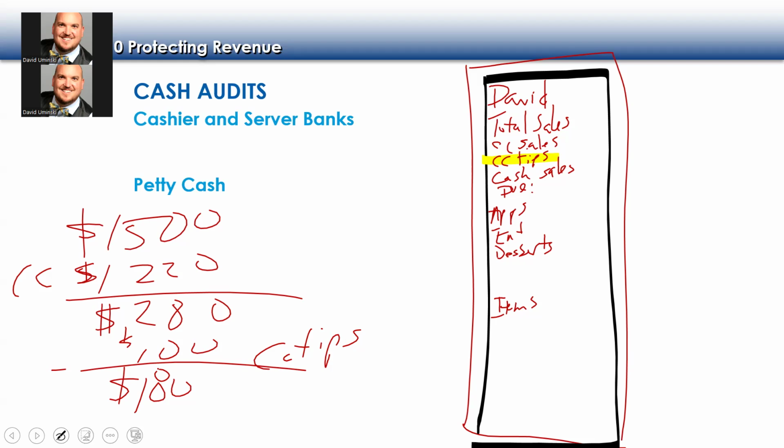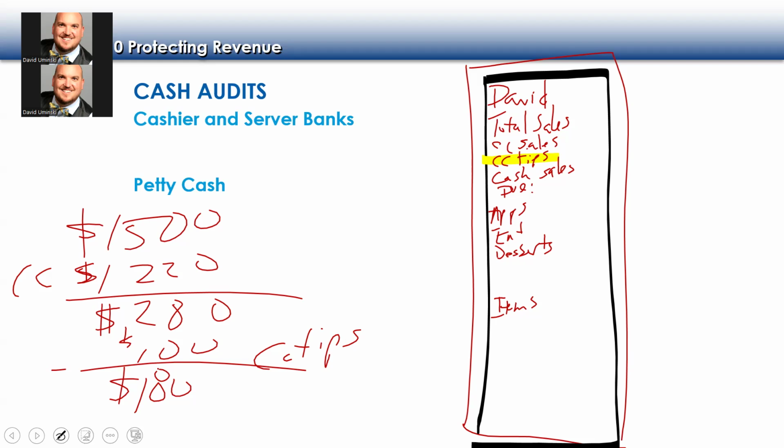They hold on to the tips, and then they add them to your paycheck. What are some issues with doing that? It does get taxed. Yep, it does get taxed, right?